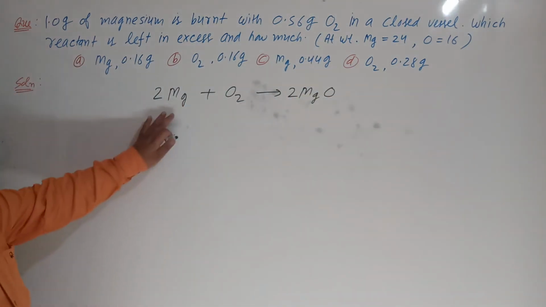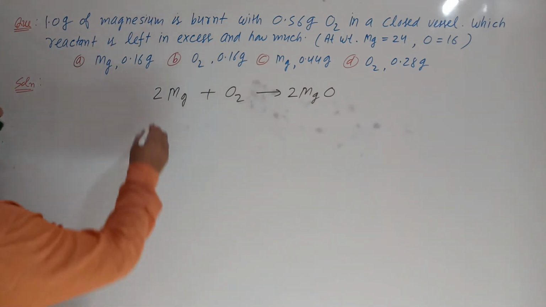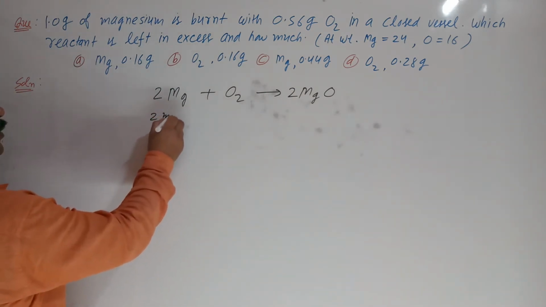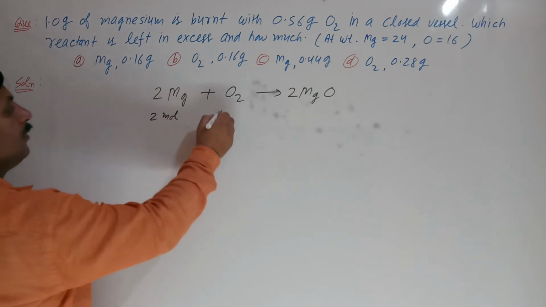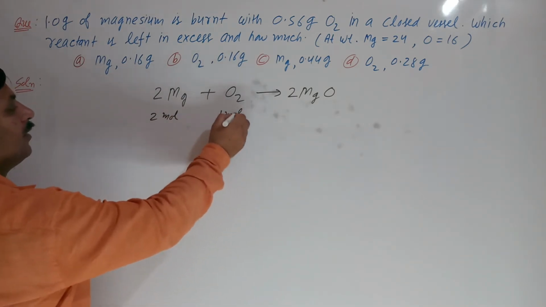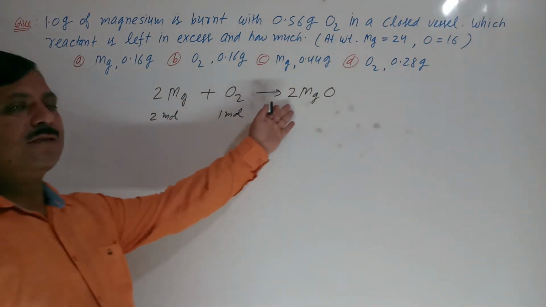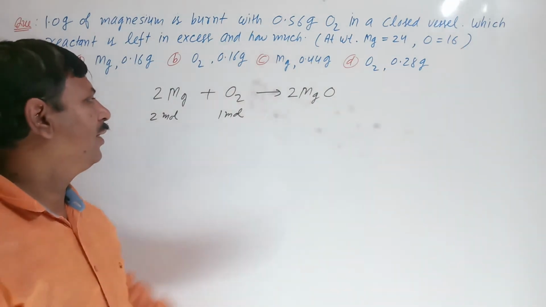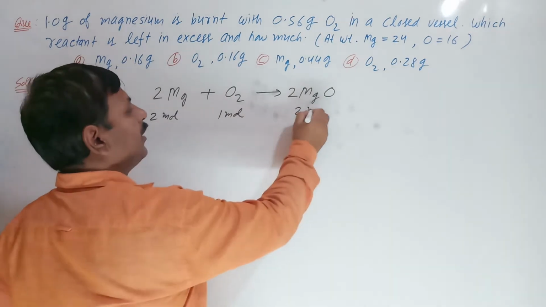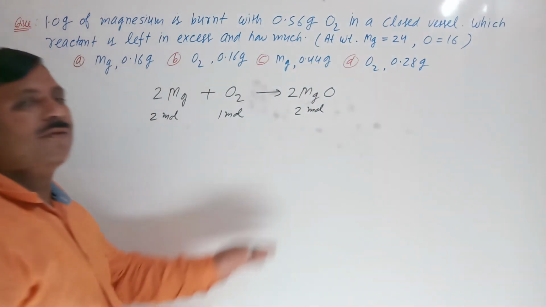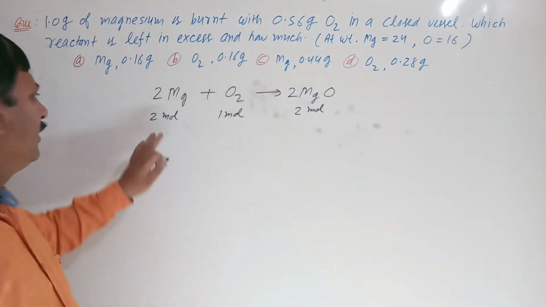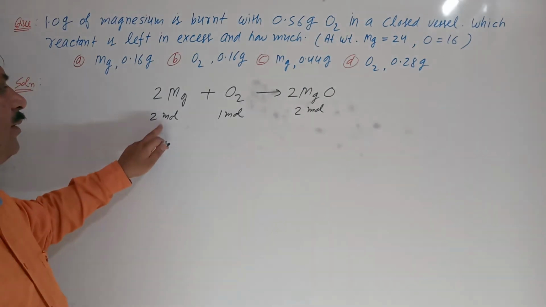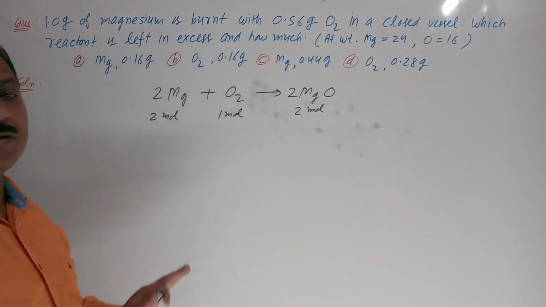You can see from the reaction, 2 mole of magnesium reacted with 1 mole of oxygen. Here they have not asked about magnesium oxide, so no need to write it, but we can write here 2 mole of magnesium oxide will form.